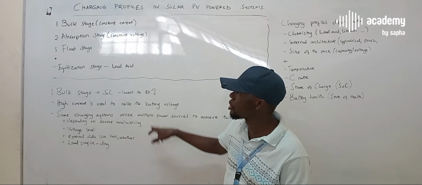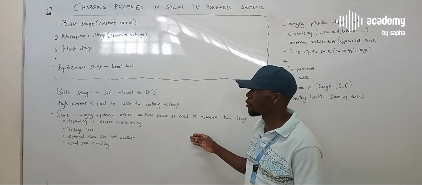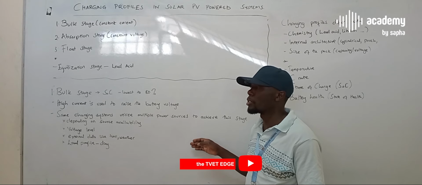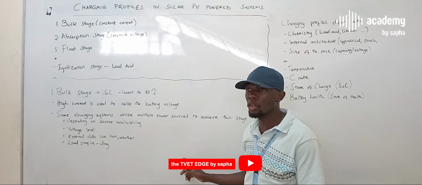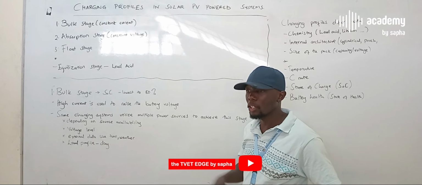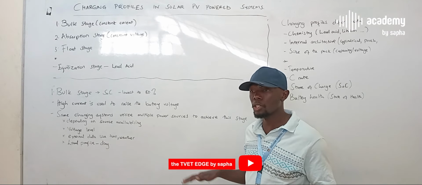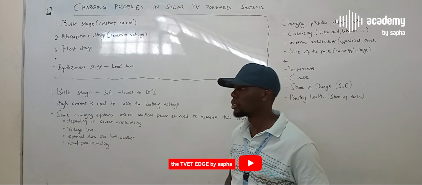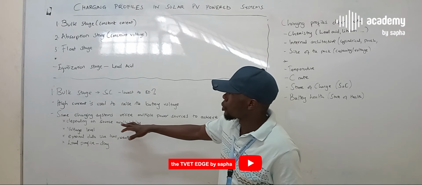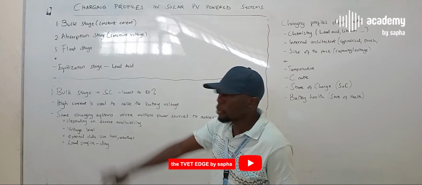For example, in a 12-volt system, you might find the battery voltage is around 11.6 or 11.7. It's normally at the lowest. In a very good system, it's at the lowest stage, but not zero. So in some charging systems, this is how the bulk stage happens.